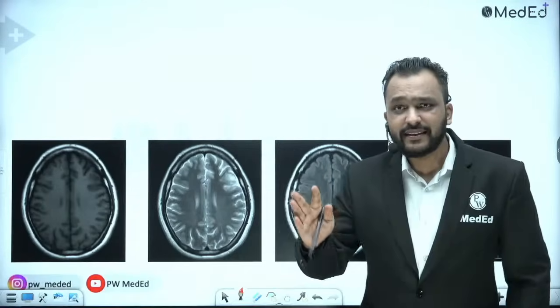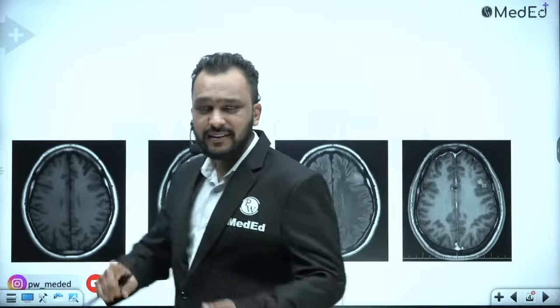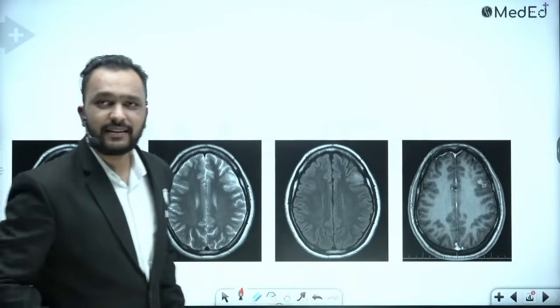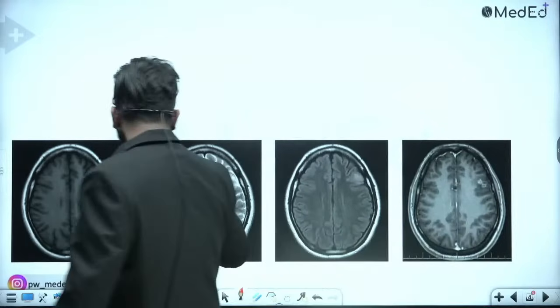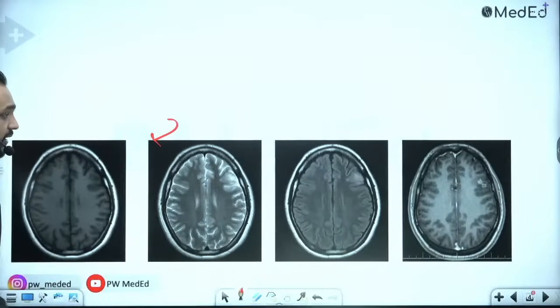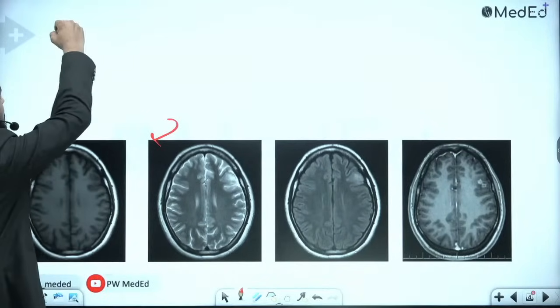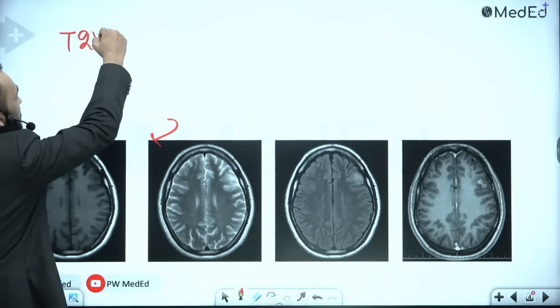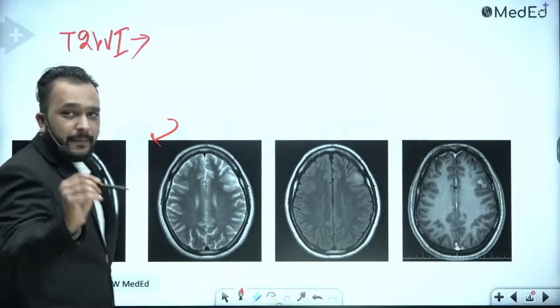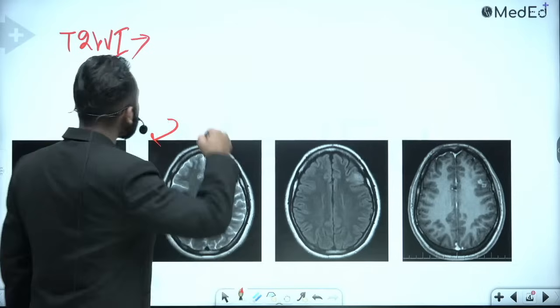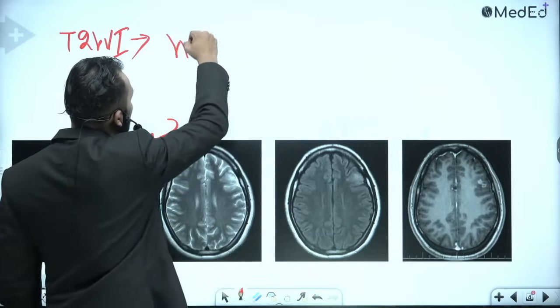So we have divided this session into 4 parts. In the first part, we are discussing CNS radiology, right? So let me tell you how to identify a sequence. Guys, what is the mnemonic for T2 weighted image? The mnemonic is water appears white on T2. World War II is the mnemonic.